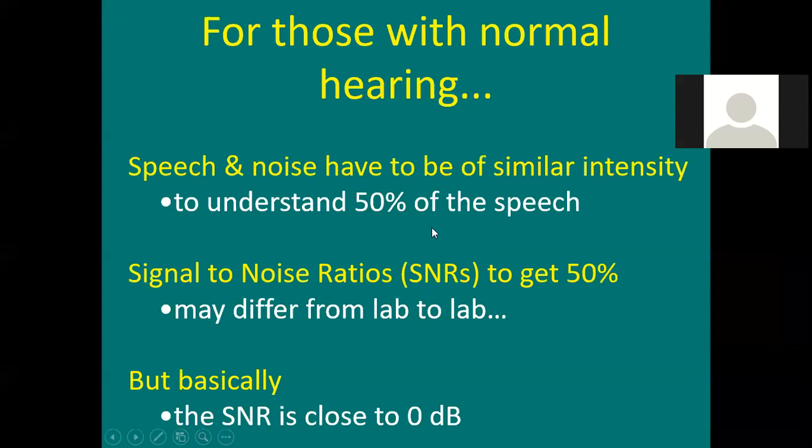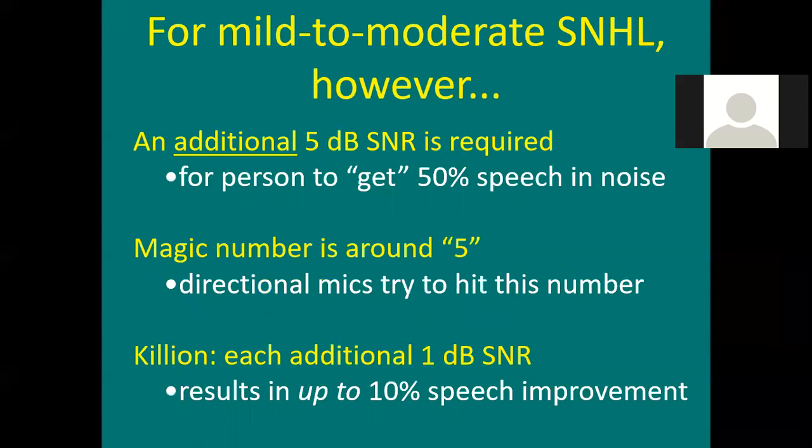Okay, to get about 50% of speech, you'll get that with a 0 dB signal-to-noise ratio. But if you've got a mild to moderate hearing loss, sensory neural, I don't mean conductive, sensory neural, an additional 5 is required for the person to get 50% of the speech in noise. And that's why the magic number is around 5. Directional mics constantly try to hit that number.